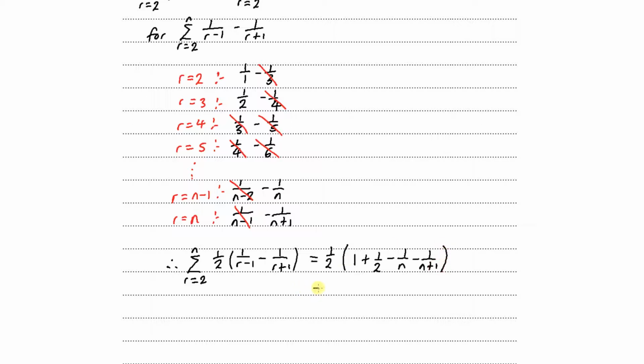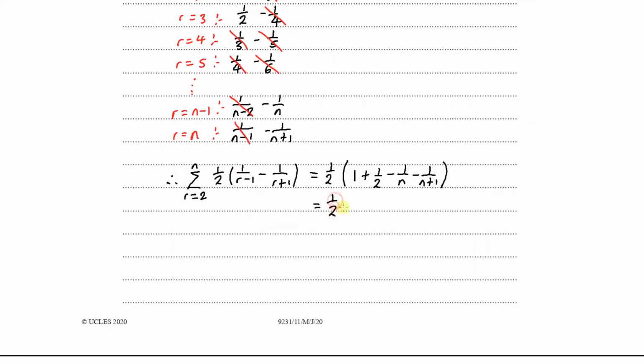And we can simplify this now to give us a half of 1 plus a half, that's 3 over 2. And for this one, I will just have a common denominator of n plus 1. So here we will get n plus 1, and that's plus n.